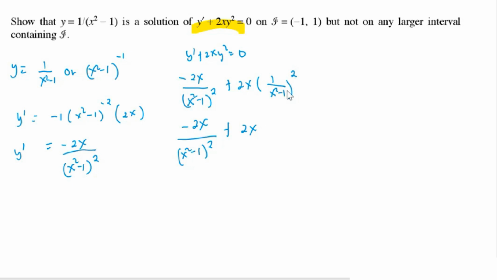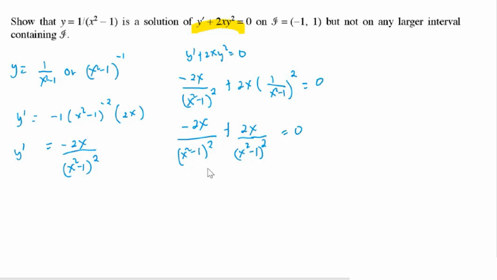So 2x times 1 is still 2x. Now on this denominator, I will just write the square of x squared minus 1, x squared minus 1 raised to the power of 2. I forgot to write 0 on the right hand side.